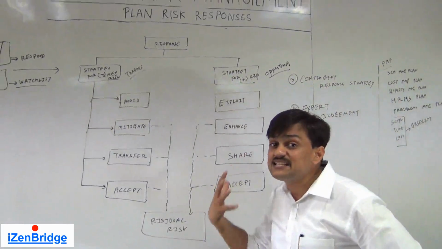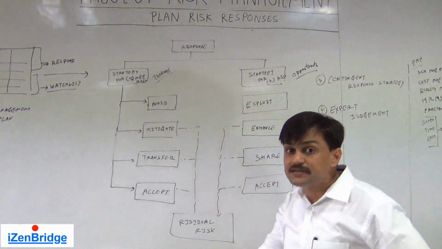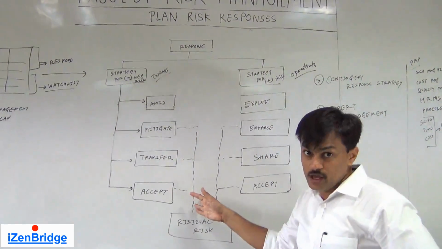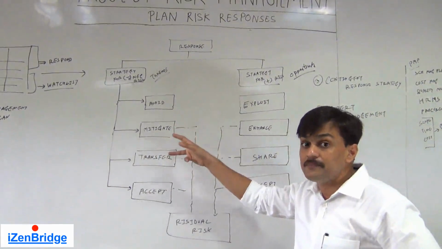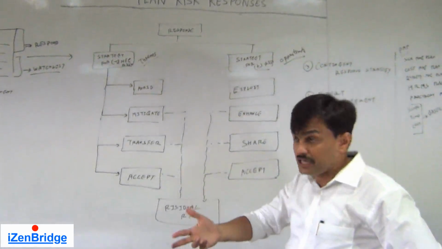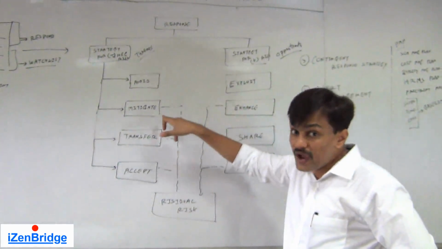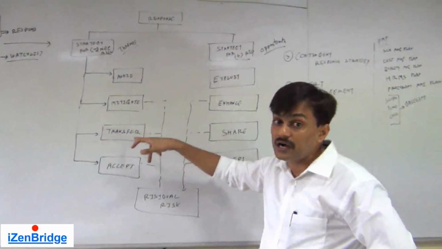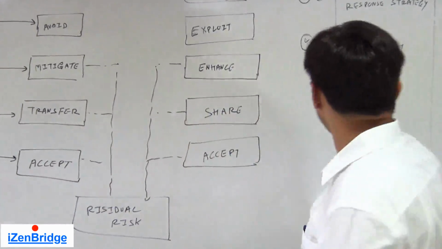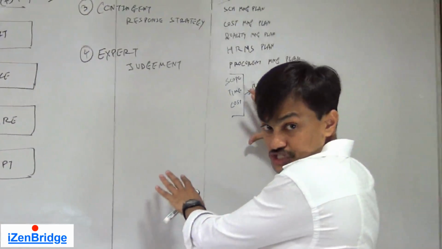You need to estimate activity, people, and cost for all these actions which you are planning to take. If you are recommending a mitigation by way of conducting a weekly status meeting for that particular vendor, this all needs to be planned in your schedule. So in that way, all these baselines get changed.